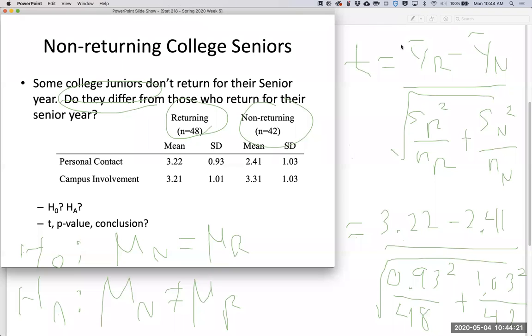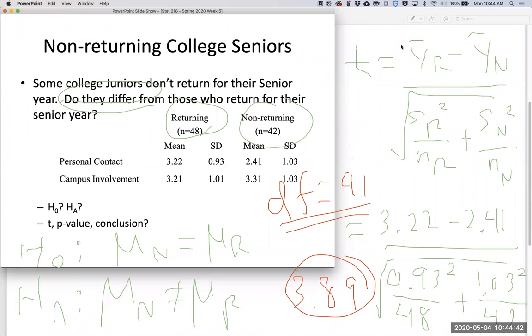So I'm going to write that down, hopefully with a different color. 3.89 is my t value. And degrees of freedom, it's the smaller of the two sample sizes, minus 1. I'm going to go with 41 degrees of freedom. So I need to use the t-table with 41 degrees of freedom to get my answer.